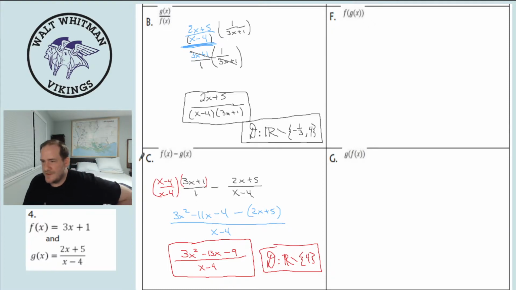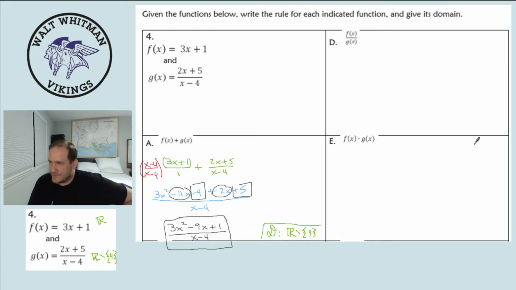So there's C. C has this function, this domain. Let's go to D. It's another quotient. This time the numerator is 3x plus 1. Again, I love me my placeholders, so I'd go over 1, then I would do the other fraction on the bottom, 2x plus 5 over x minus 4.